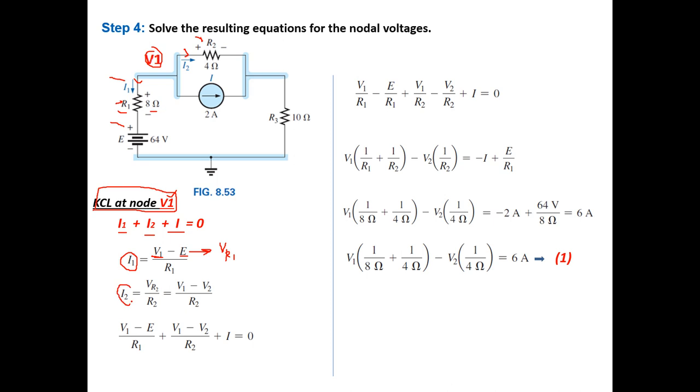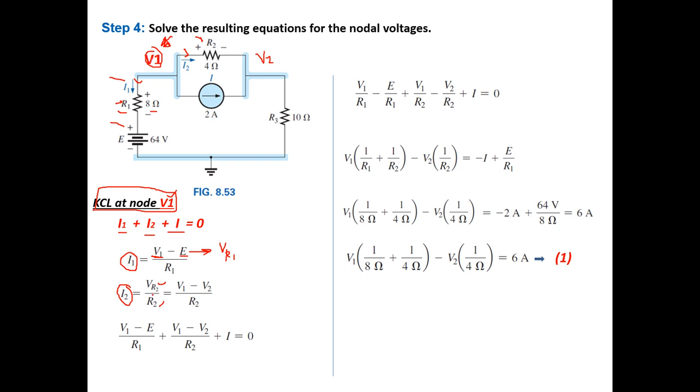For I2, this is I2 here. So I have V1 here, but do not forget I also have V2 here. Okay, so I'm working with this node. So my highest point here is V1. So again, I2 is equal to the voltage drop across R2 over its resistance.